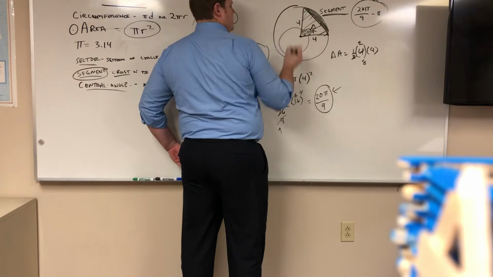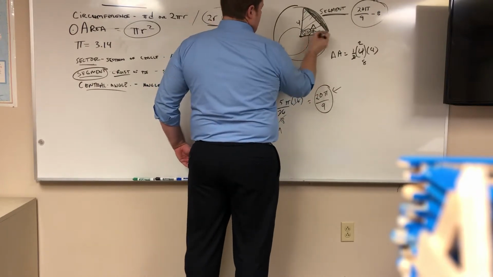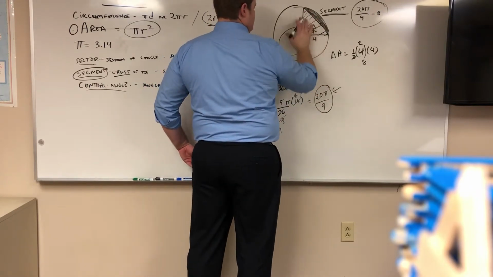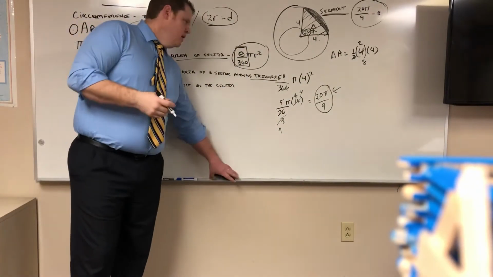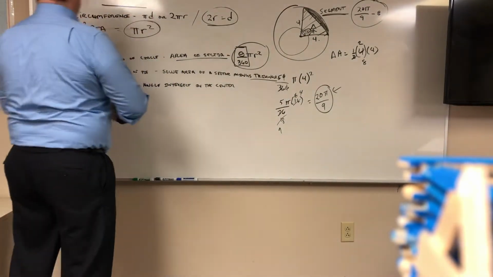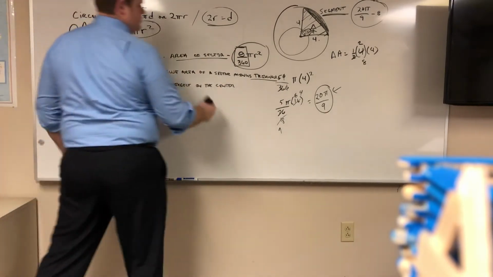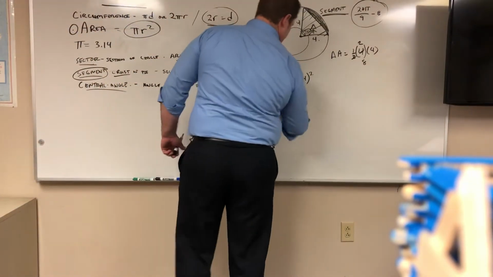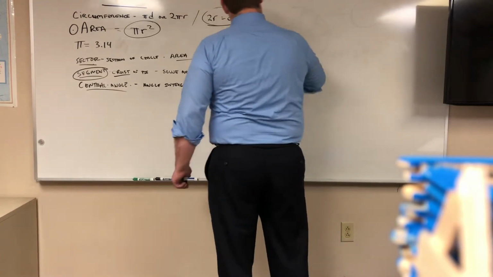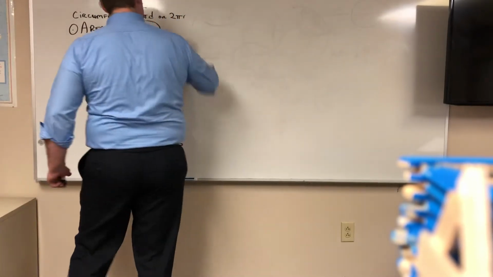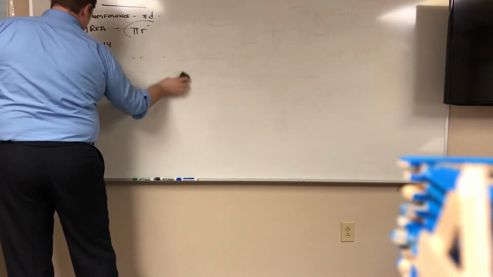It's the crust of our pie. And so you're going to solve for the whole sector and subtract the triangle. So let's go ahead and practice one. We'll do another practice problem, okay? I'm going to erase all this. We'll do another problem and then you guys can work on your homework, okay?